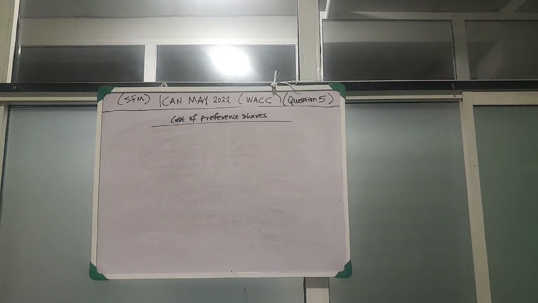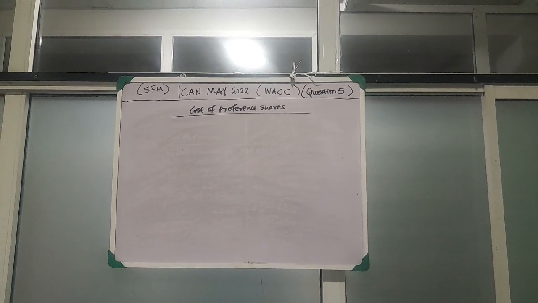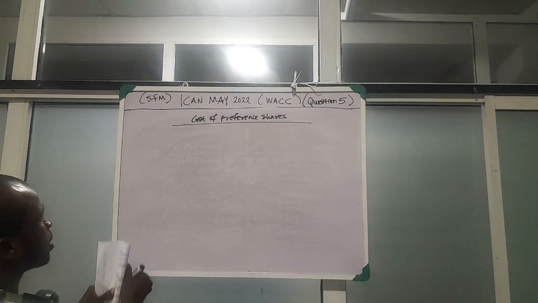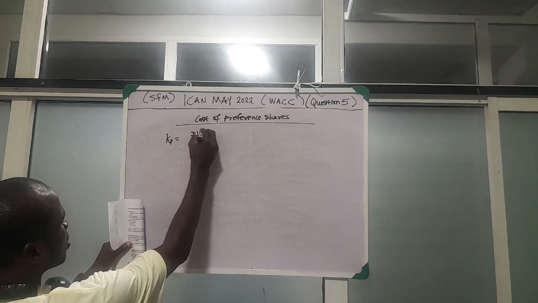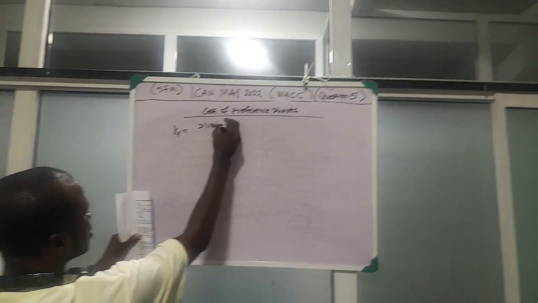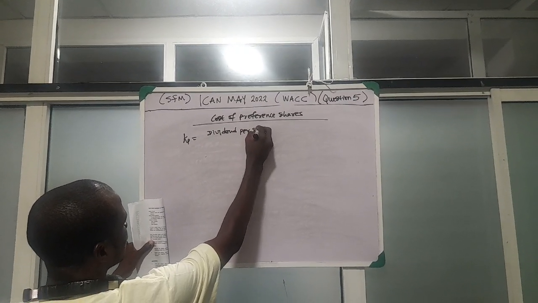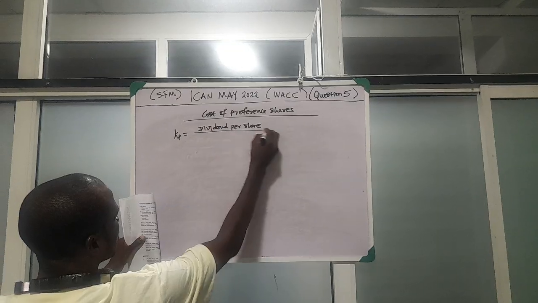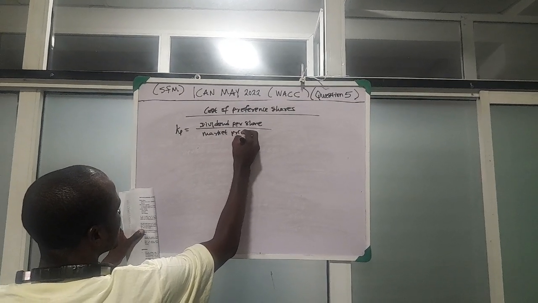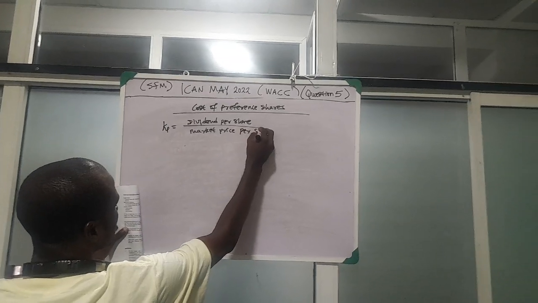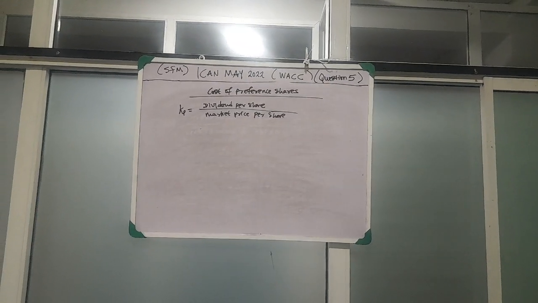For cost of preference shares, we have KP equal to dividend per share over market price per share.